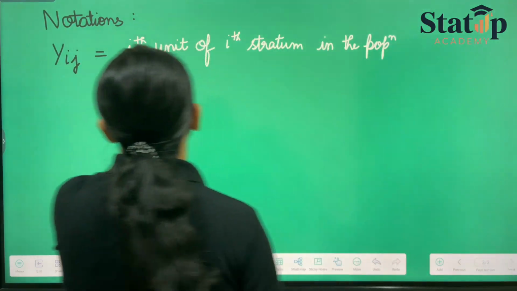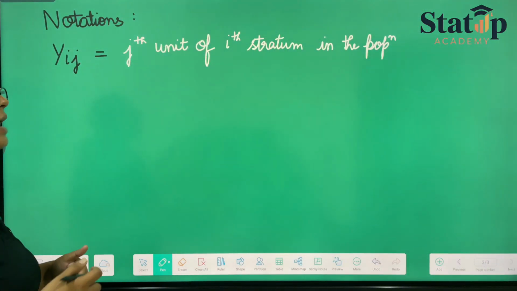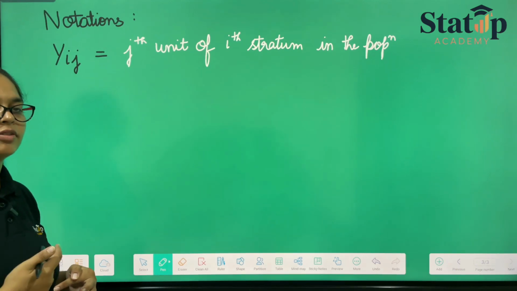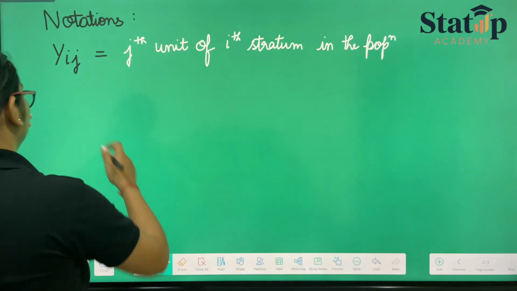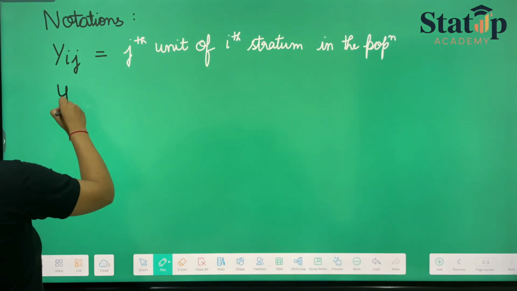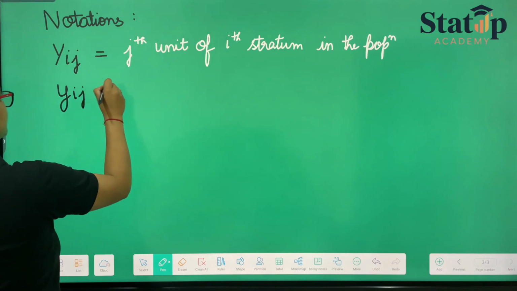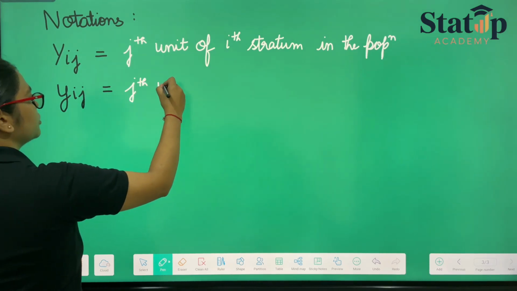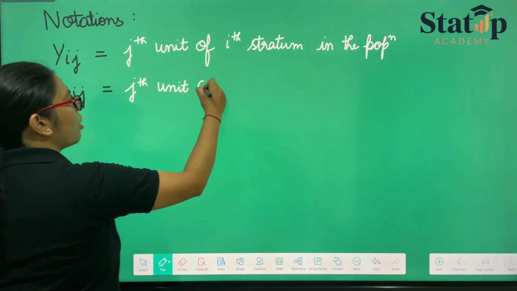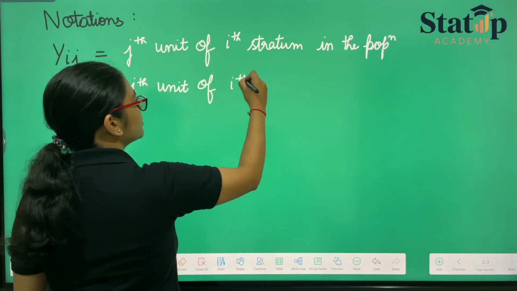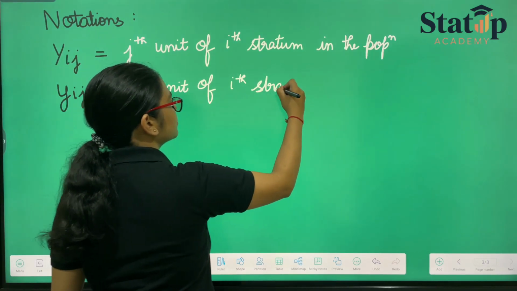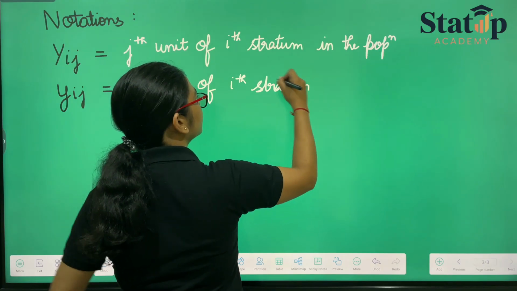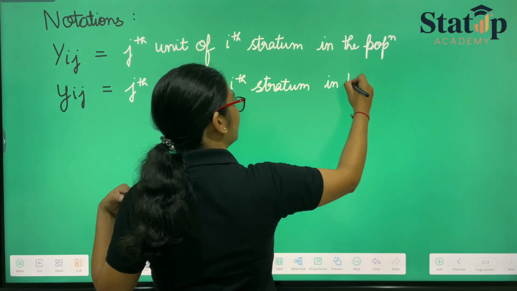Now moving on to notation. So Yij is considered as the jth unit of the ith stratum in the population. And small yij is nothing but the jth unit of the ith stratum in the sample.